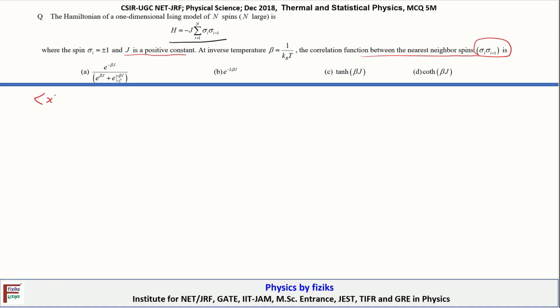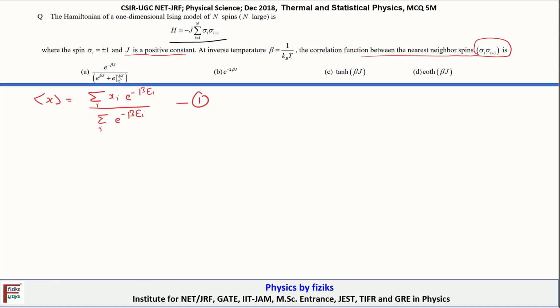Suppose x is a physical quantity, then this is given by summation xi exponential minus beta ei upon summation exponential minus beta ei, with summation over i both in the numerator as well as in the denominator. Let's call this our equation number 1.